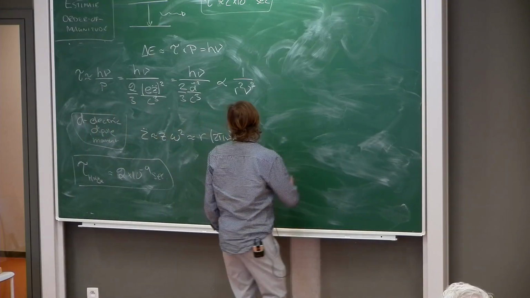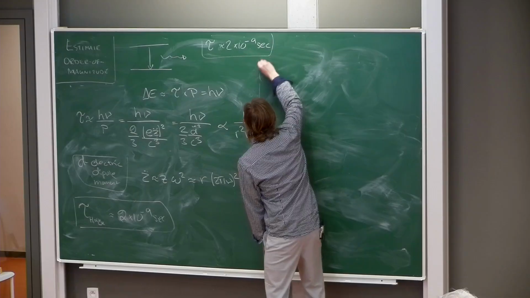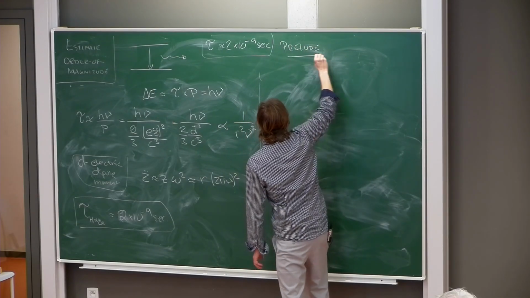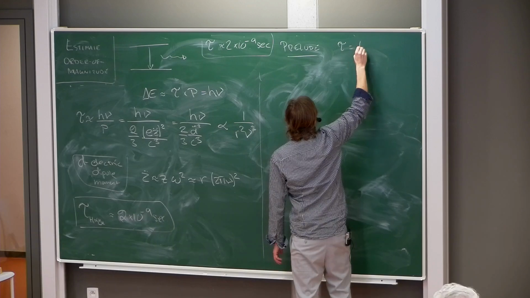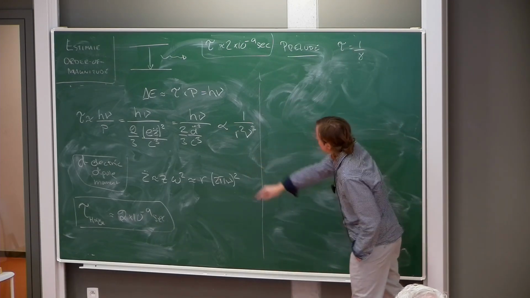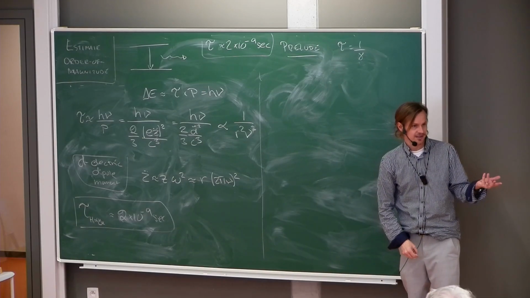Interestingly here, and this is a prelude for what we will do later, we knew that this tau was actually 1 over the damping coefficient. Now we have a way to compute tau, so it means that we have a way to estimate the damping coefficient.